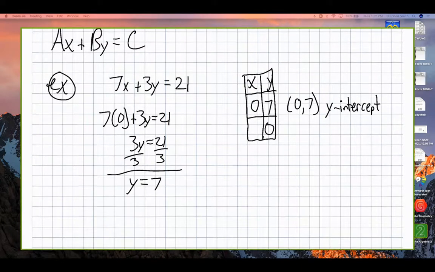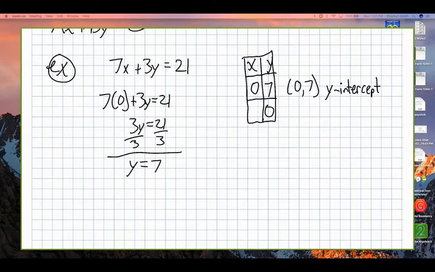Okay, the next point, we're going to plug in a 0 for y. Now, normally when we use equations, we don't plug in values for the dependent variable, the y, because the x is independent. That's the one that drives everything. But we want to make this as simple as possible.